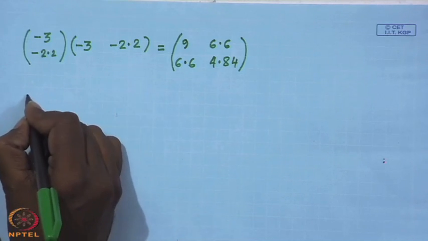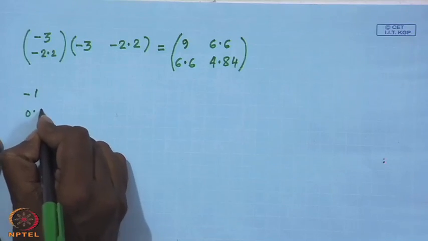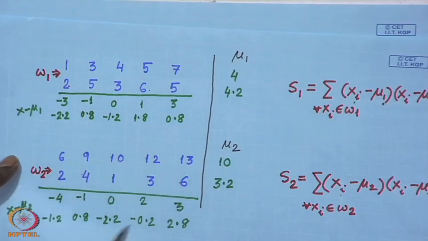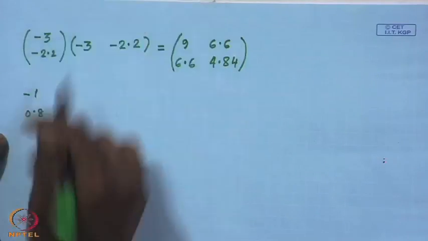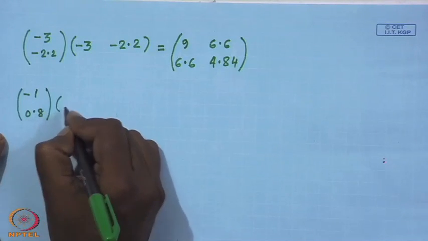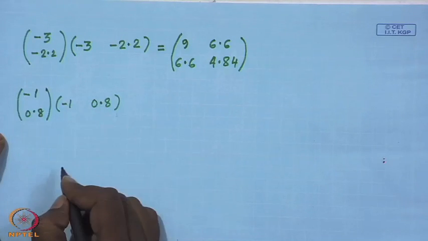The second one was minus 1, 0.8. If you remember this, it was minus 1, 0.8. So, it is minus 1, 0.8, the column vector, into minus 1, 0.8 row vector.